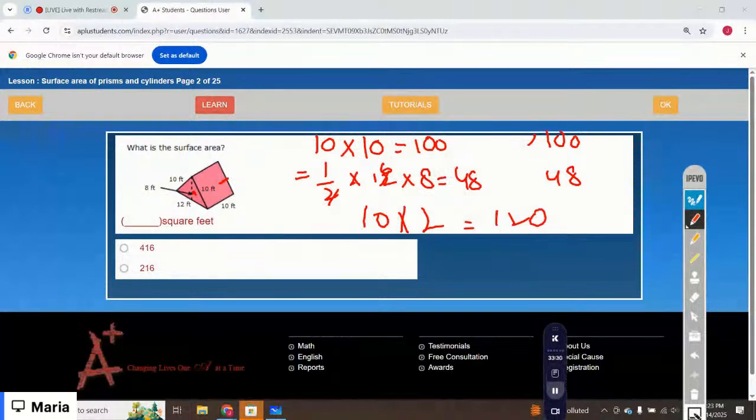So the correct option is 416. Option number two is the correct option, that is 460.